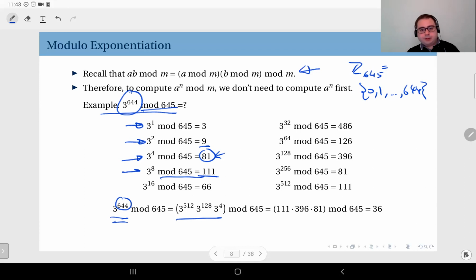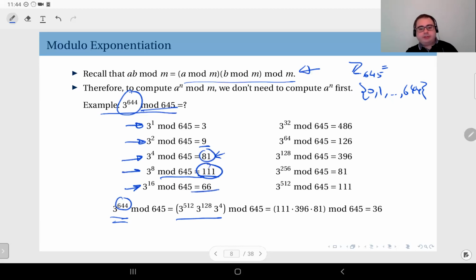congruent value. The next step, 3 to power 16, this is equal to the square of 3 to power 8. But you see, I don't need the exact value of 3 to power 8, nor the exact value of 3 to power 16 based on this rule here. Therefore, instead of the exact value of 3 to power 16, I compute the square of 111 and take modulo 645.